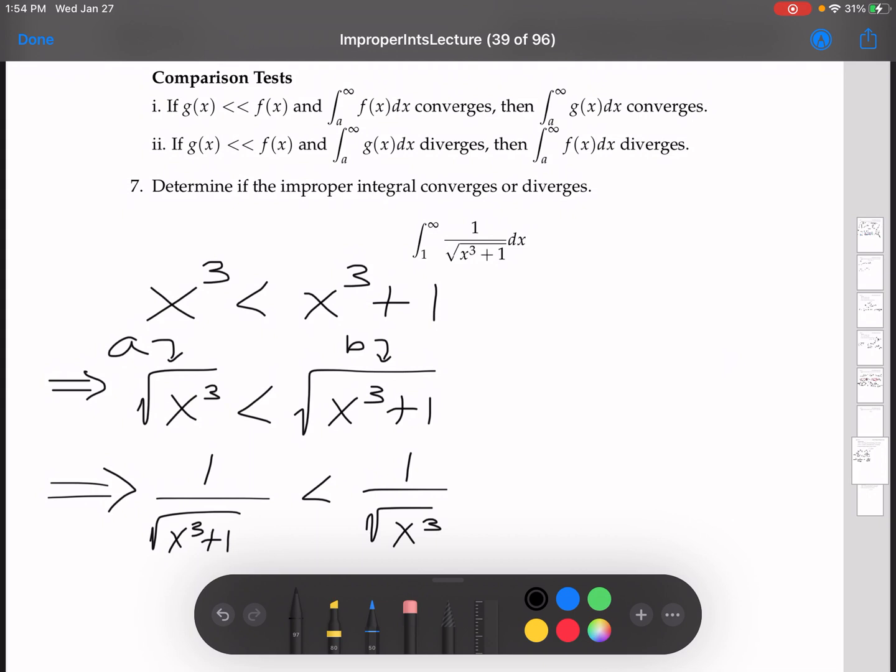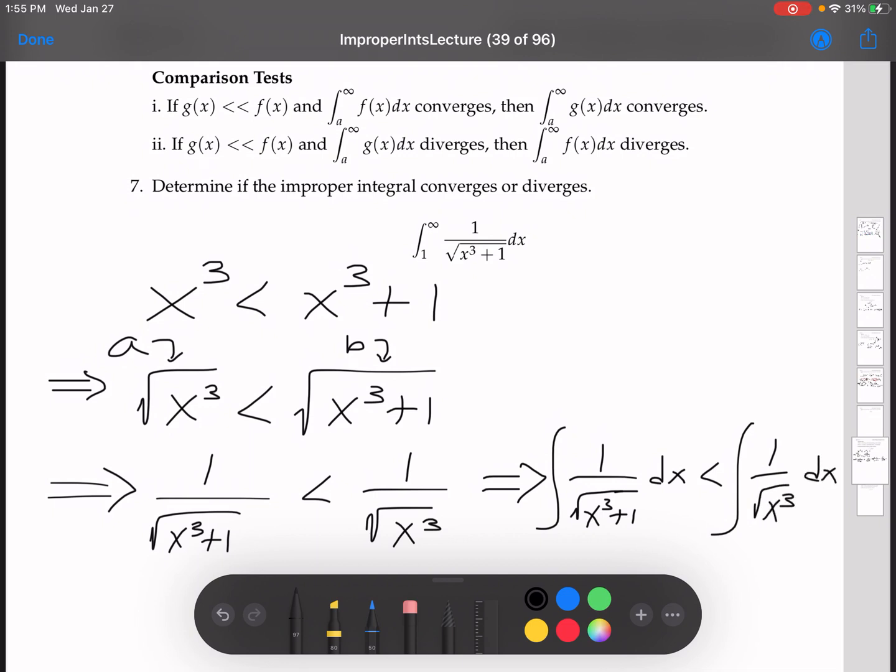And you can even take this a little further and put the integral symbols in there. We know that this converges, p equals 3/2. This converges, so smaller than convergent is convergent, so it converges.